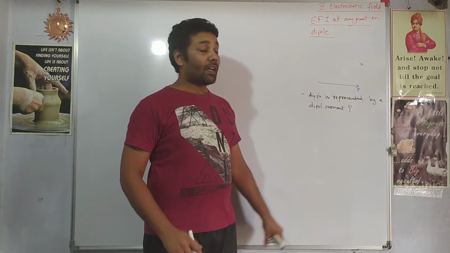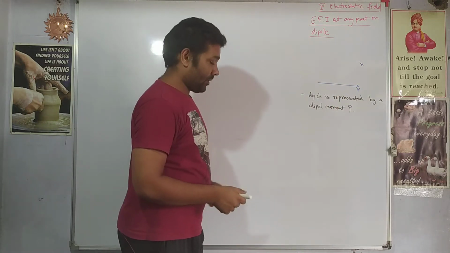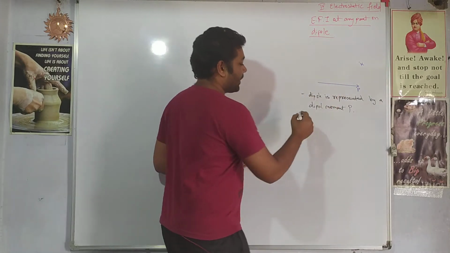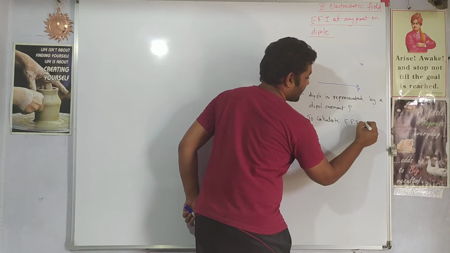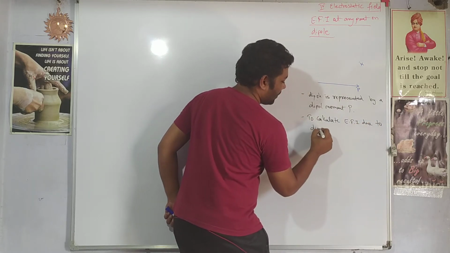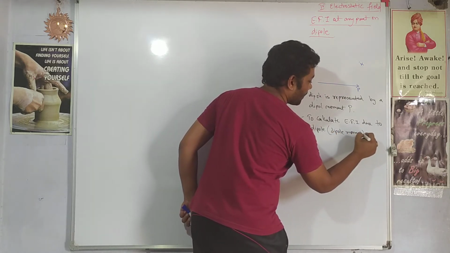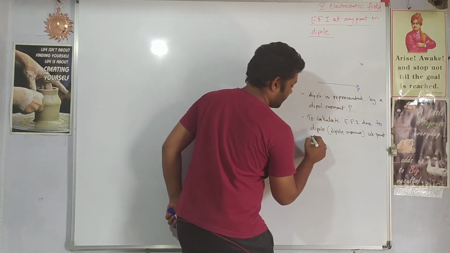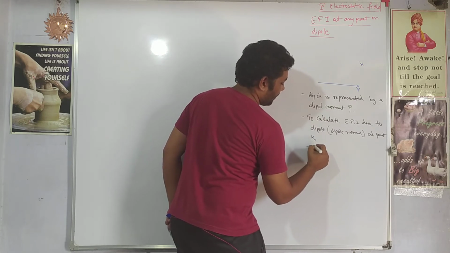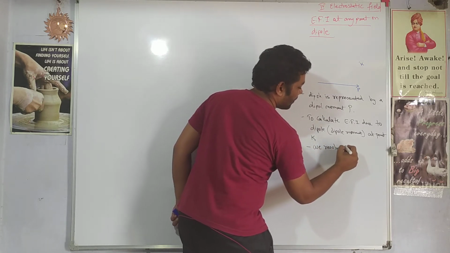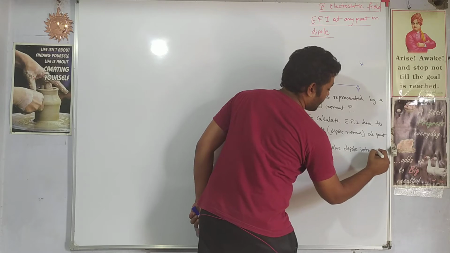The dipole is represented by a dipole moment P. Now I want to calculate the electric field intensity at a point K. To calculate electric field intensity due to dipole, or you can also say dipole moment, at point K, what do we do? We resolve dipole into rectangular components.